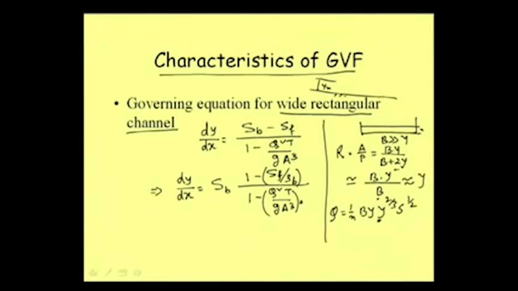Say this is our bed and it is rising like this. So, at any section this will be y, depth y. It is not uniform flow depth. And when we write this resistance flow formula, this is nothing but the resistance flow formula. We can write Chezy's equation, Manning's equation, all those resistance flow formulas, and we consider this as valid.